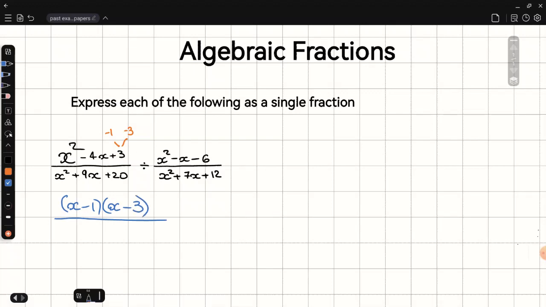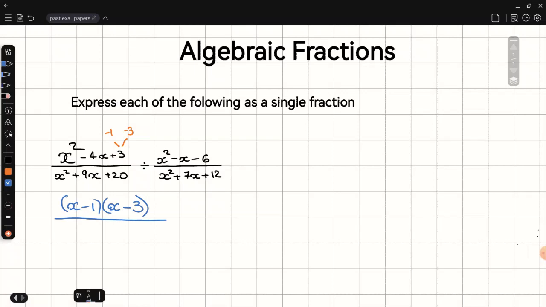Now let's factorize the denominator of the first fraction. So we're looking for factors of 20, two numbers such that their product is 20 and their sum is positive 9.